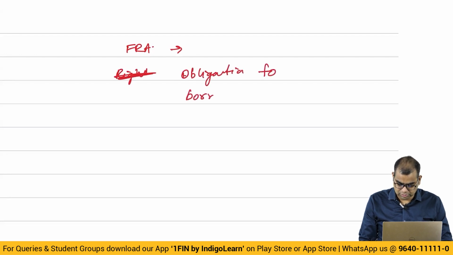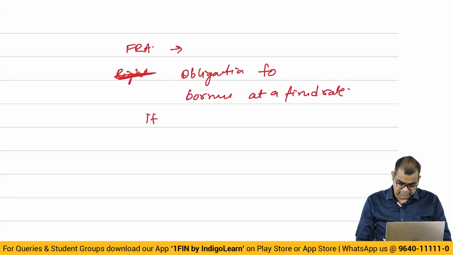What is FRA? FRA is an obligation, compulsory, to borrow at a fixed rate. I will borrow at, let's say, 7%.